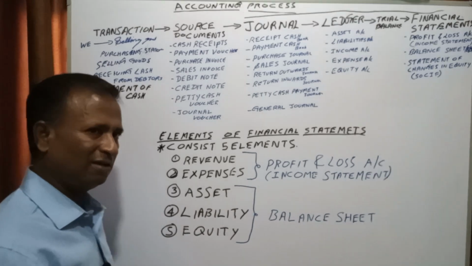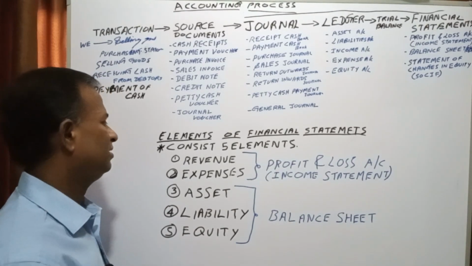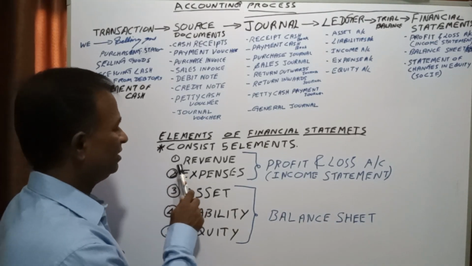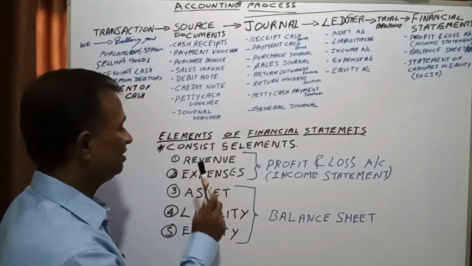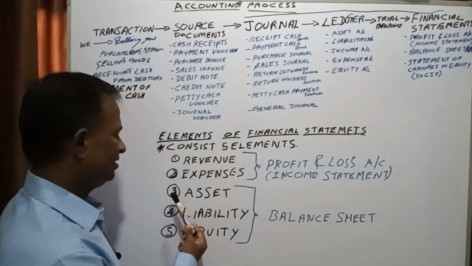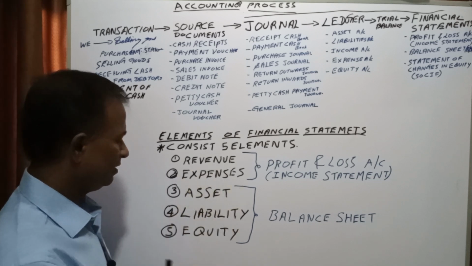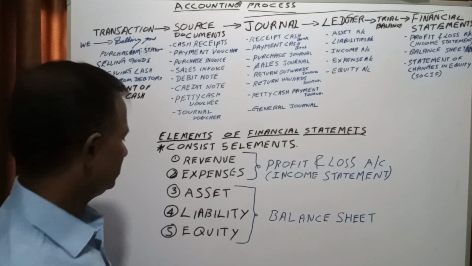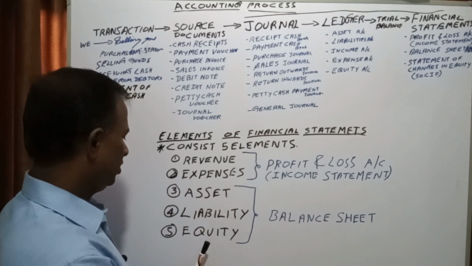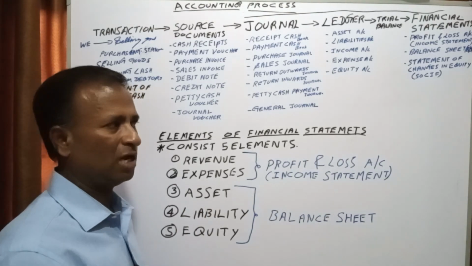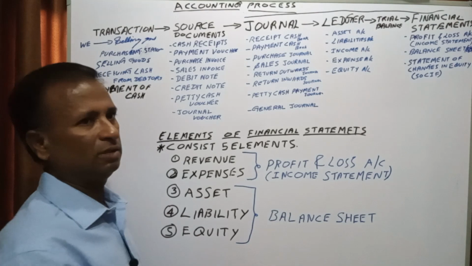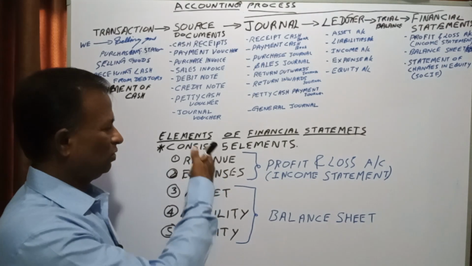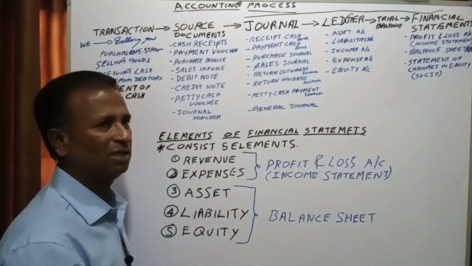We have seen in the previous chapter the definition of revenue, the definition of expenses, the definition of assets, and the explanation for liabilities and equity. If you are coming directly to this chapter, please go through the previous chapter to learn about these five elements in detail.